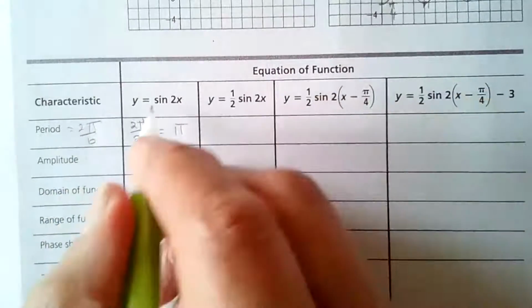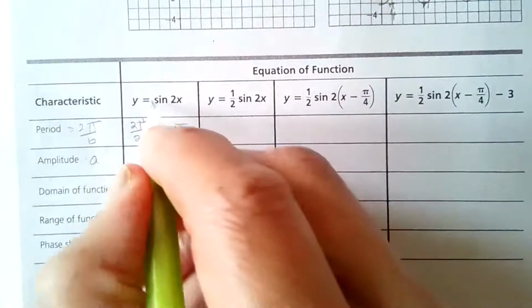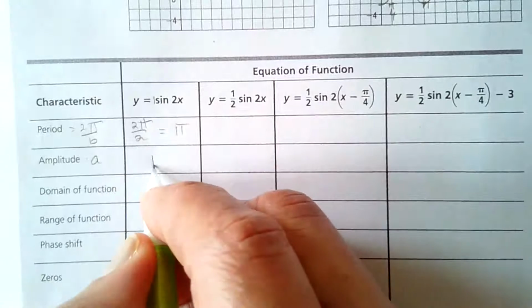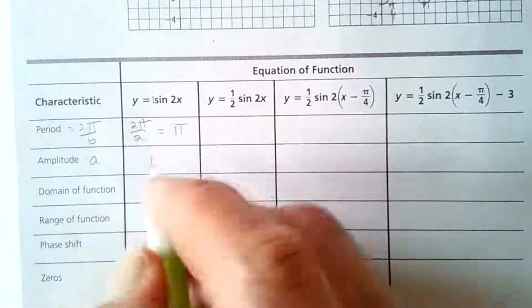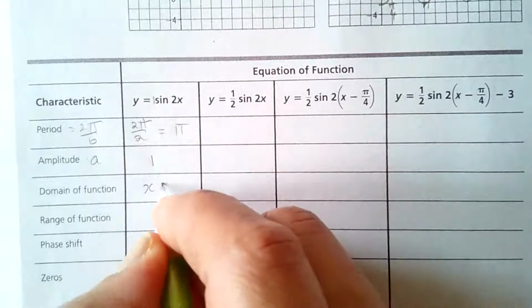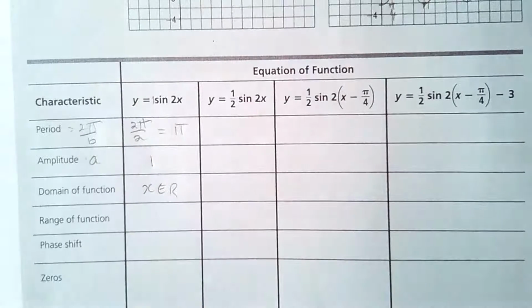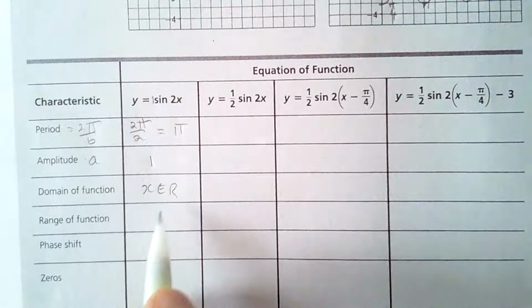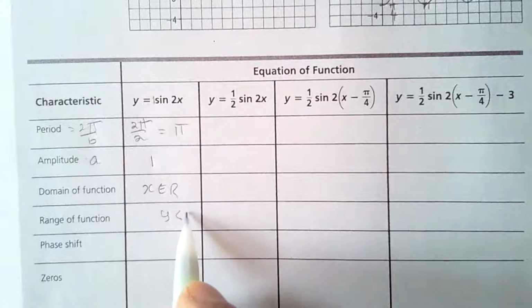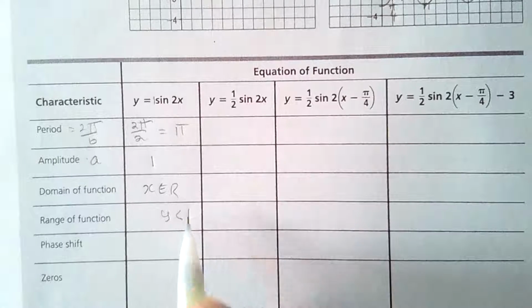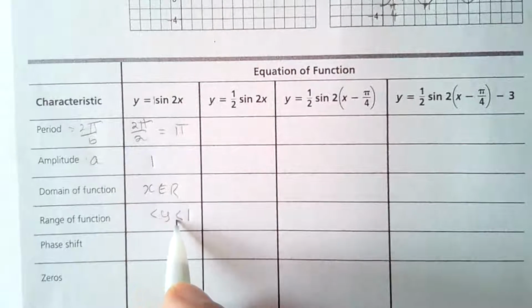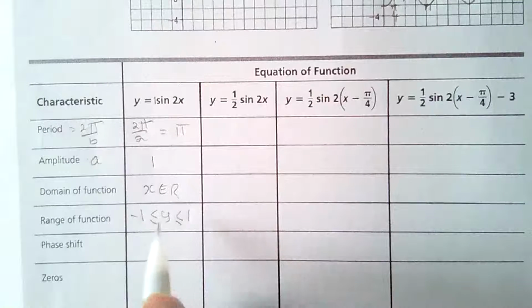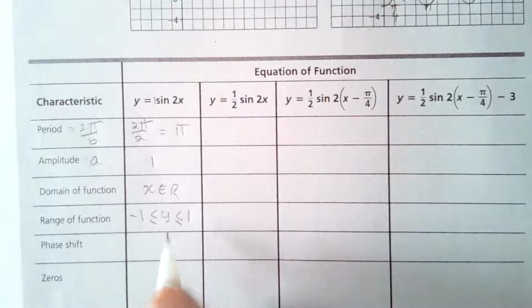The amplitude is your a value. So a here is 1. The domain, there's no restriction. x is the set of real numbers. The range of the function is your amplitude, which is from 1 to negative 1. There's no phase shift, right? The phase shift is 0.